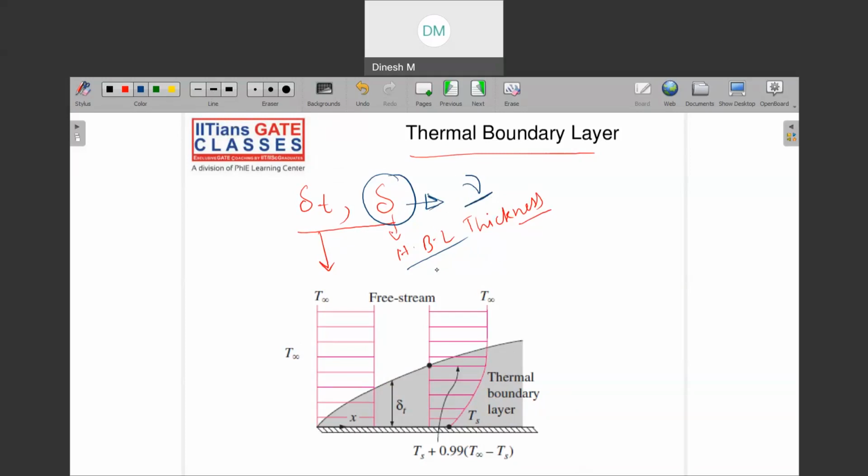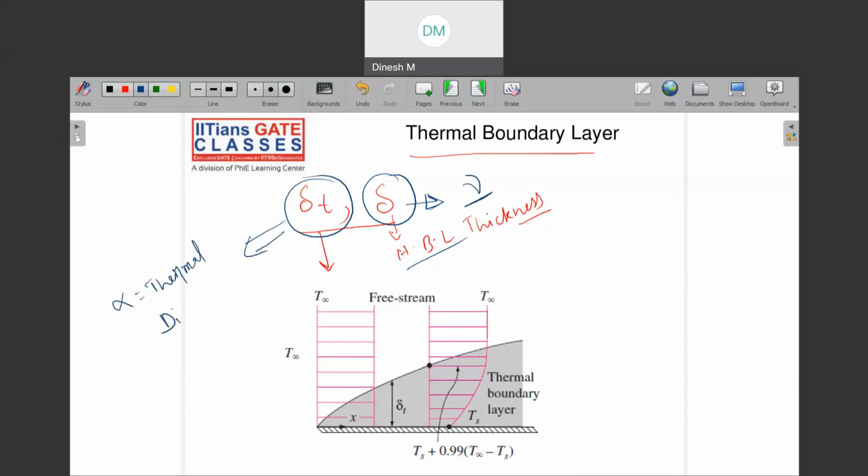If my nu is more, then I can diffuse more velocity, that means I can increase my hydrodynamic boundary layer thickness. Similarly, is there any parameter which will be judging what will be delta T? Yes, there is. And what is that? Alpha. Do you remember? This is thermal diffusivity.